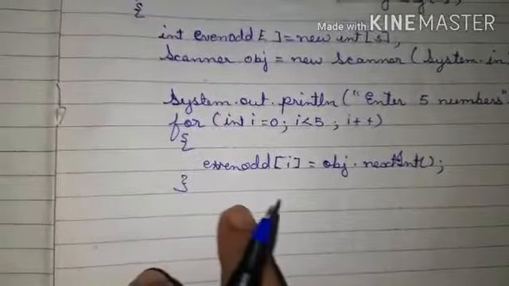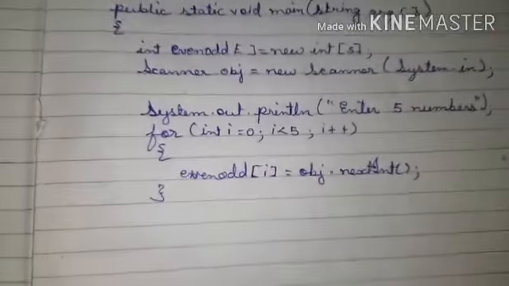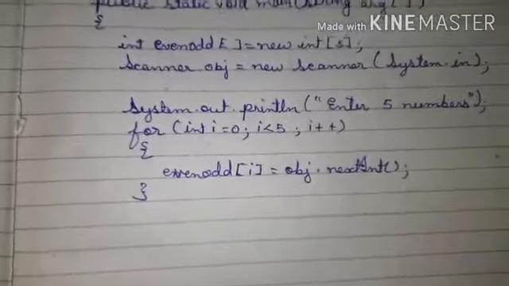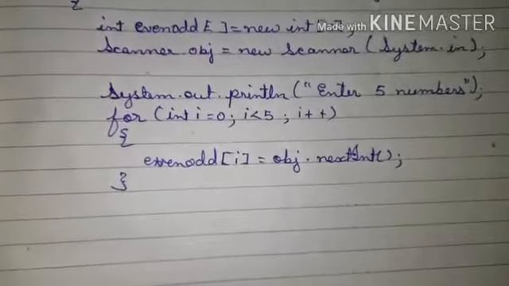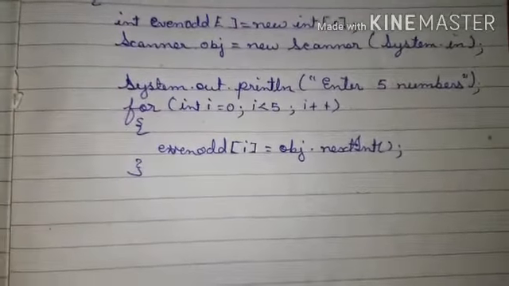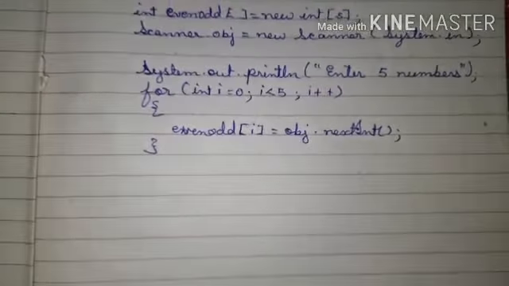After the entry, we have to do the calculation. We have to check each number, whether it is even or odd. If it is even, we'll add it separately in the even part, and if it is odd, we'll add it separately in the odd part.